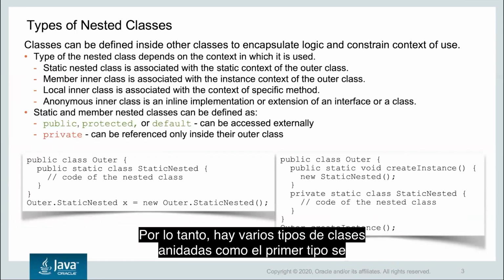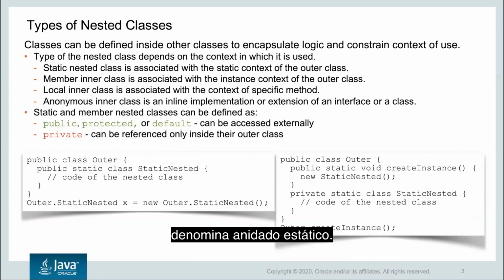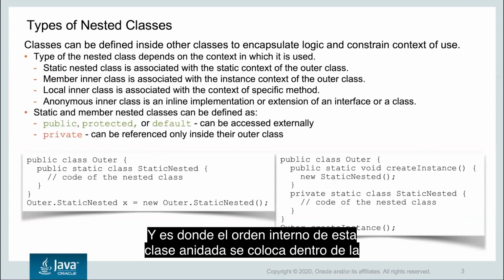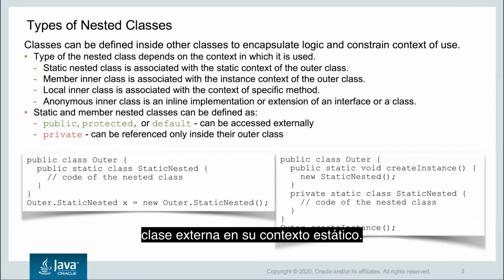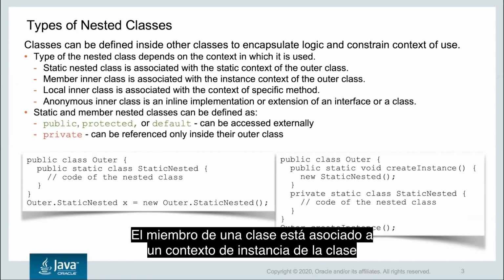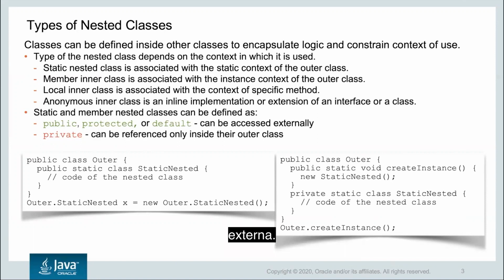There are several types of such nested classes, and the first type is called static nested, where the nested class is placed inside the outer class in its static context. A member inner class is associated with an instance context of the outer class.